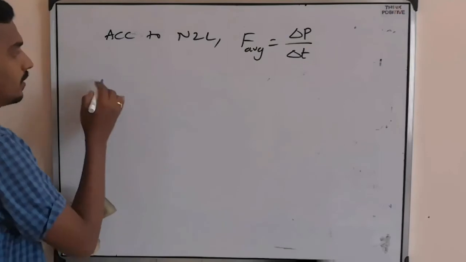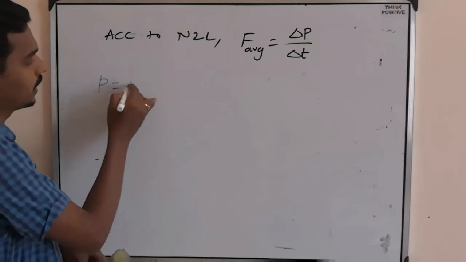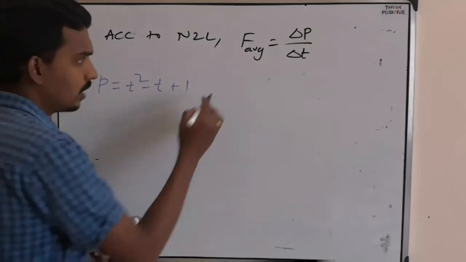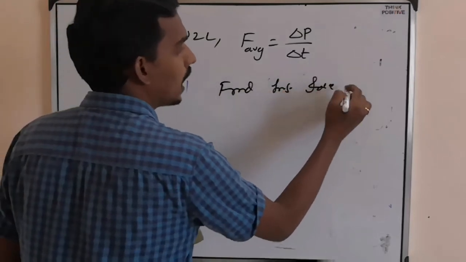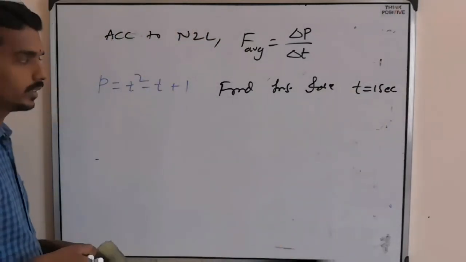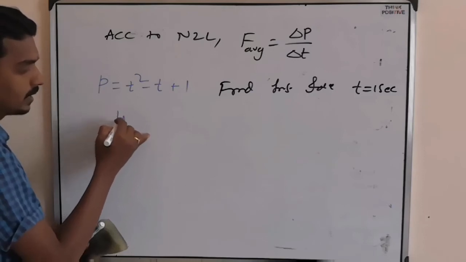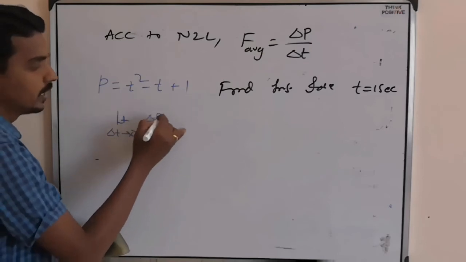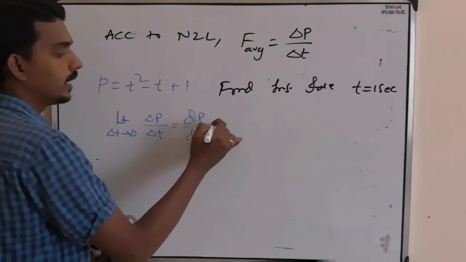But sometimes they will give you the linear momentum of a particle as t square minus t plus 1. Then find the instantaneous force on the particle at t equal to 1 second. Then you will have to take instantaneous, that means under the limit delta t tends to 0, delta p by delta t will become dp by dt.